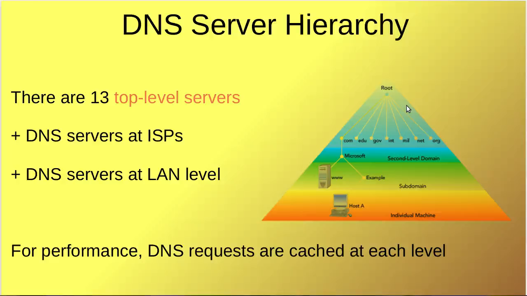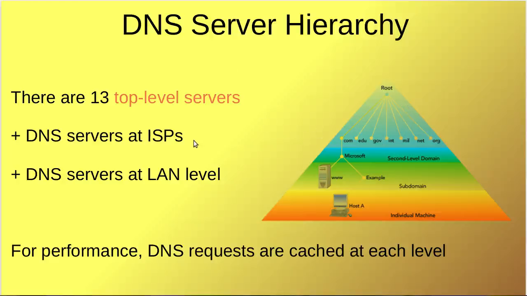The first thing the browser does is it will need to find out the IP address for that what's called fully qualified domain name. And so there are 13 top level servers in the world, and these are in various locations. Plus there are DNS servers at internet service providers, or even your organization you're probably likely to have.